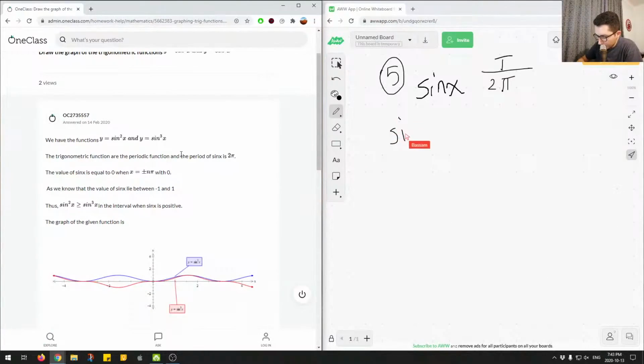So for sine squared x, we know the period is also 2 pi. Based on this plot, we have from 0 to 2 pi. Actually, let me double check something over here.